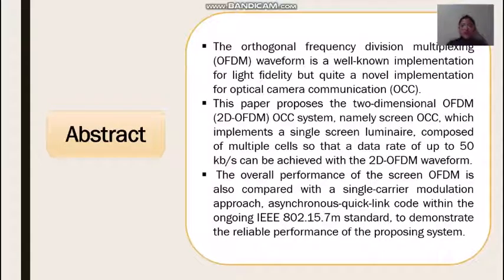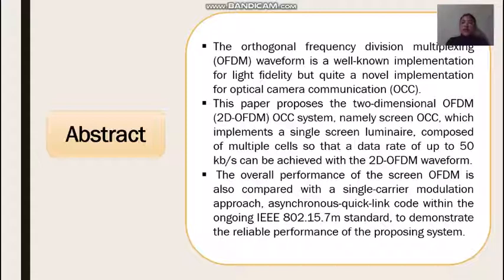Abstract. The orthogonal frequency division multiplexing, OFDM, waveform is the well-known implementation for light fidelity but quite a novel implementation for optical camera communication, OCC.